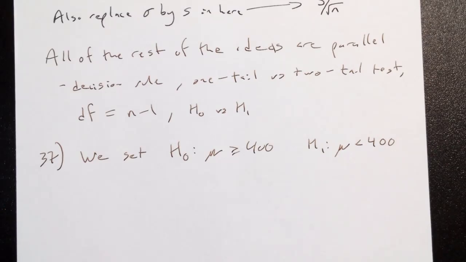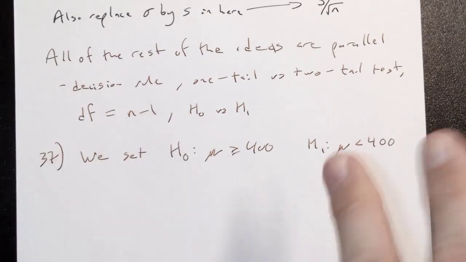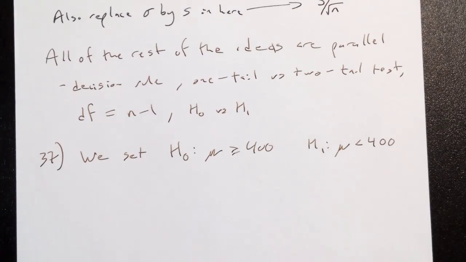I don't know the standard deviation. Nobody told me anything about the filling of these cans of paint. I don't know the process standard deviation, which means I'm going to have to use a t-test. T means degrees of freedom. What's my degrees of freedom?